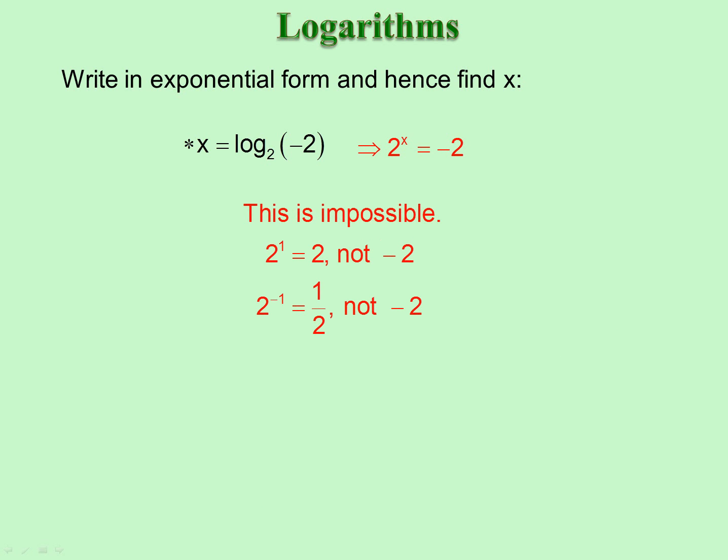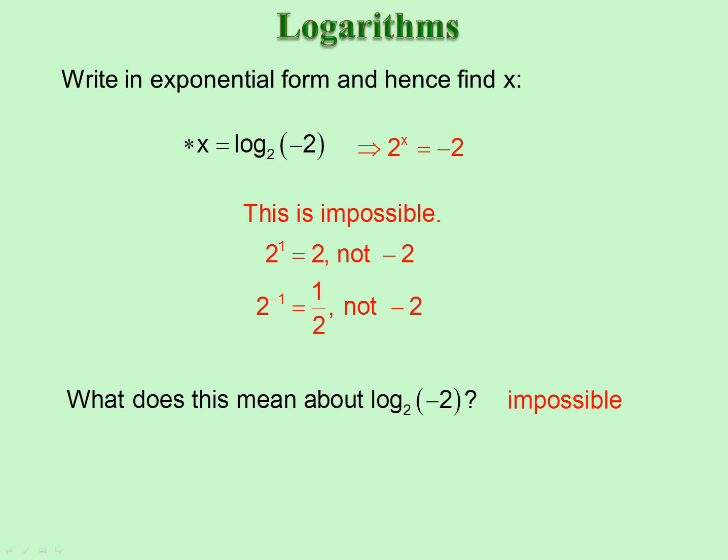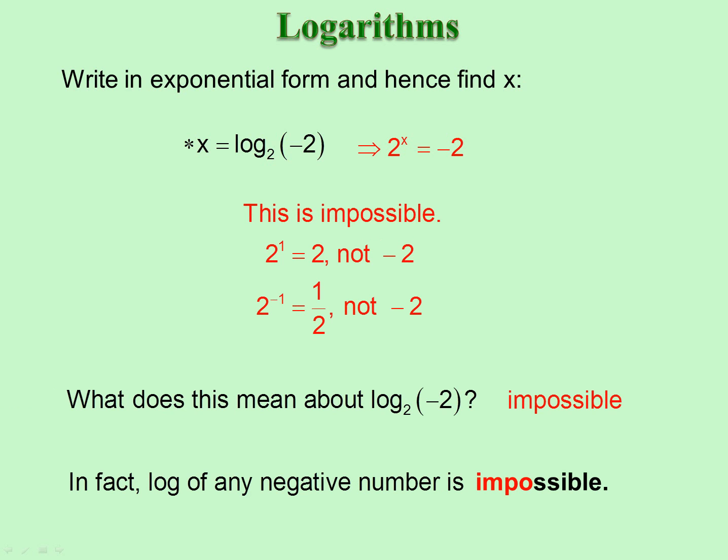We can't do that. You cannot raise 2 to a power to get a negative. Therefore, log of a negative is impossible. And if the base is negative, that's also impossible.